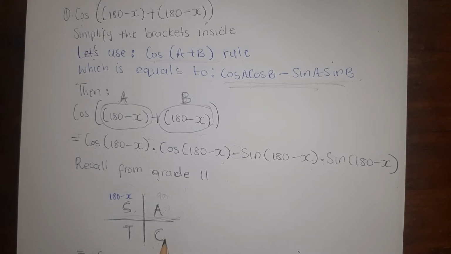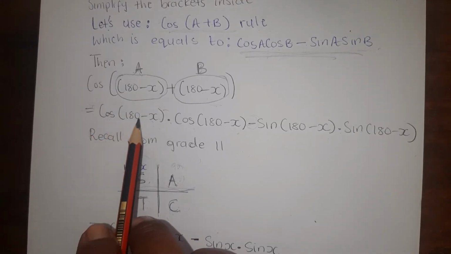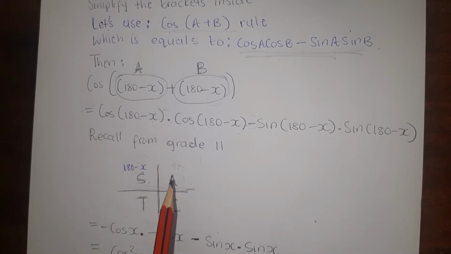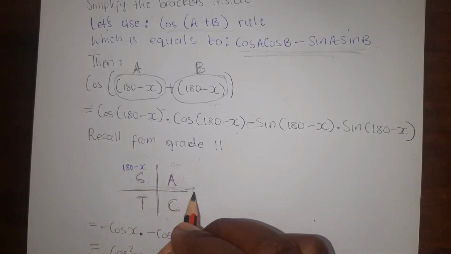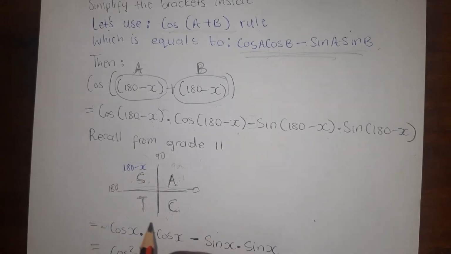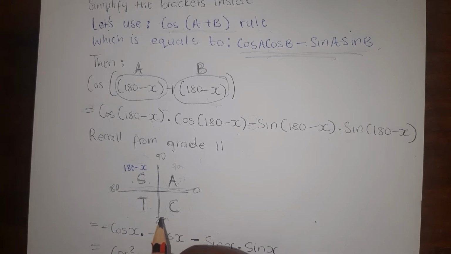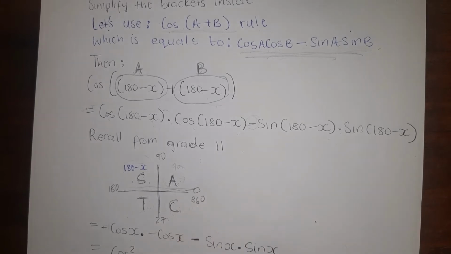In this quadrant, only cos is positive. So for cos(180 minus x), 180 is this side, guys, because here it's 0 and this is 90, then this is 180, this is 270, and 0 will share with 360.